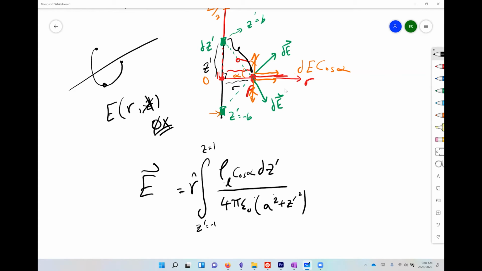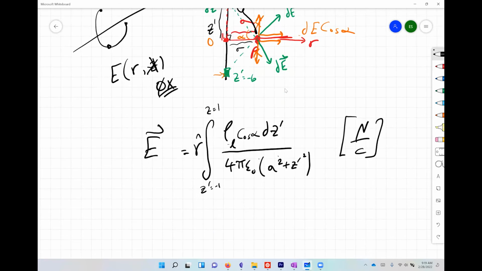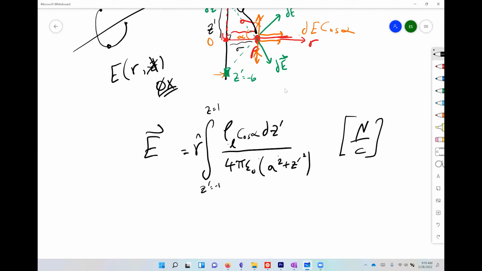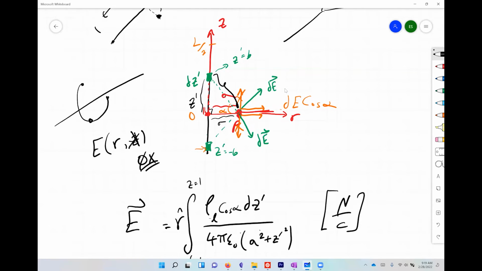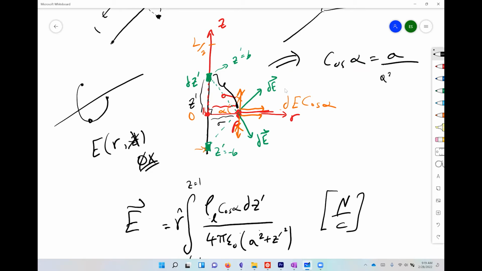So from Coulomb's law and the symmetry of the problem, we reduced the problem of finding the electric field to finding this integral, Newton over Coulomb. How do you find this? I can get cosine alpha from this graph. It's a triangle. The side of the triangle is a, so this is a over the hypotenuse, which is the square root of a squared plus z prime squared.